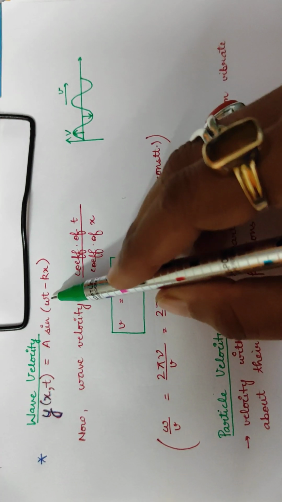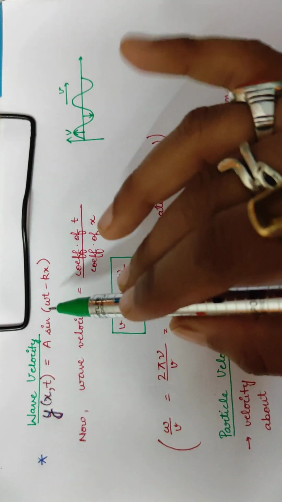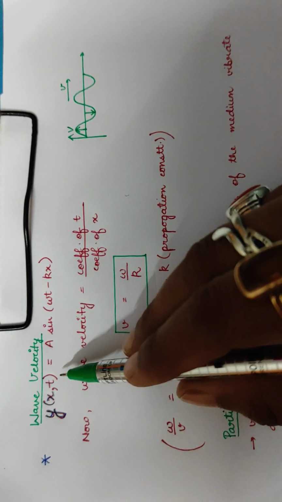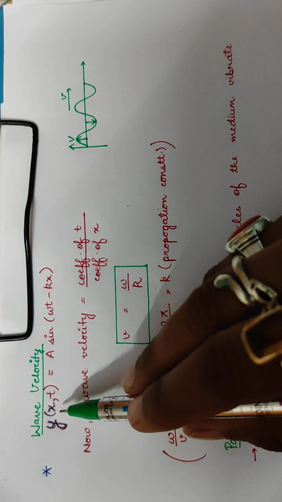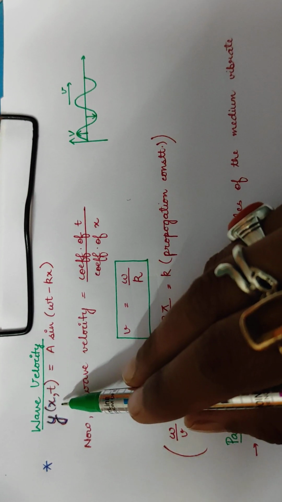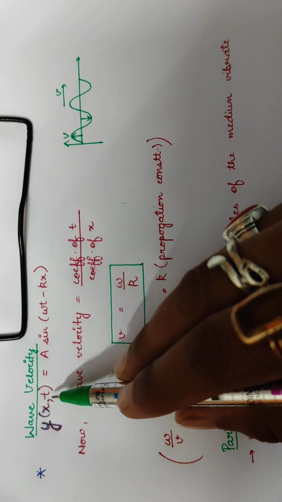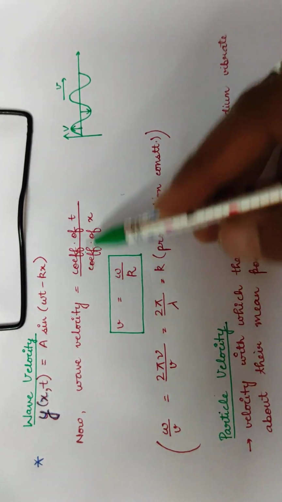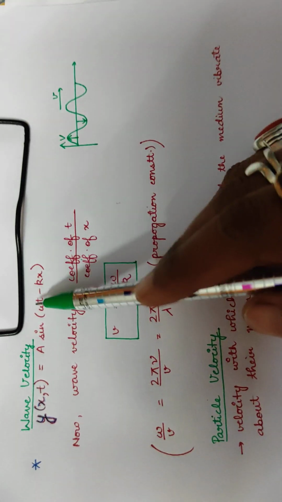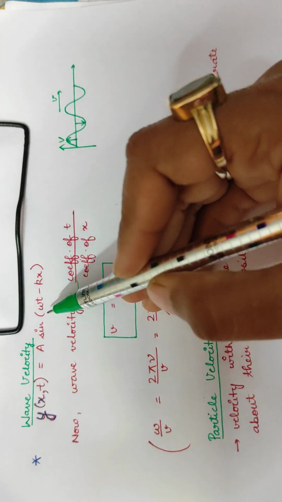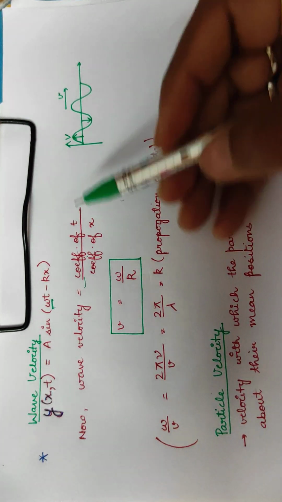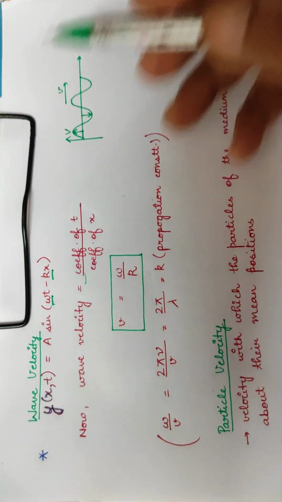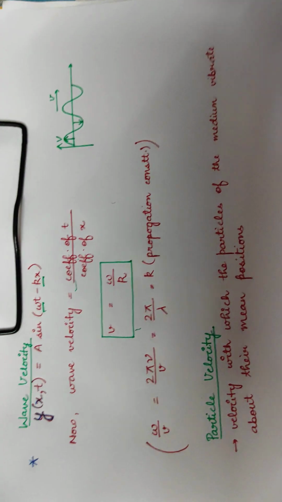As I've already told you, the displacement of the particle is a function of x and t. x is the position and t is the time. So wave velocity is the ratio of the coefficient of t upon the coefficient of x. The coefficient of t in this equation is omega, and the coefficient of x is k. So v is equal to omega by k.